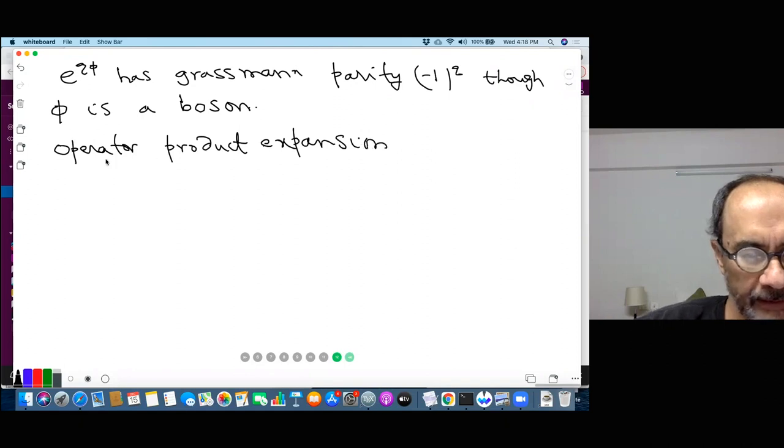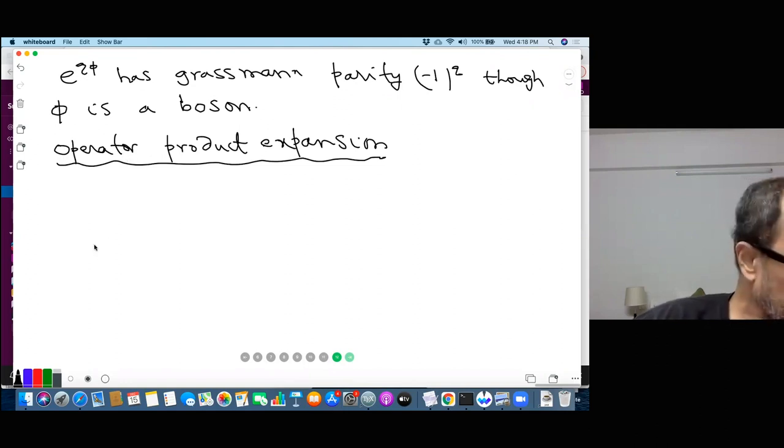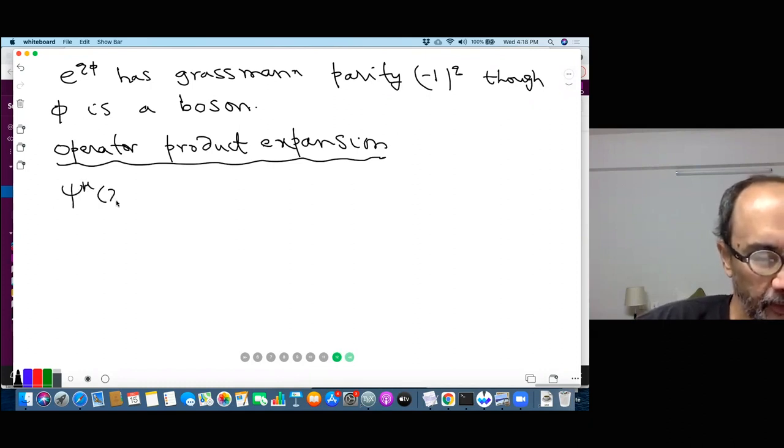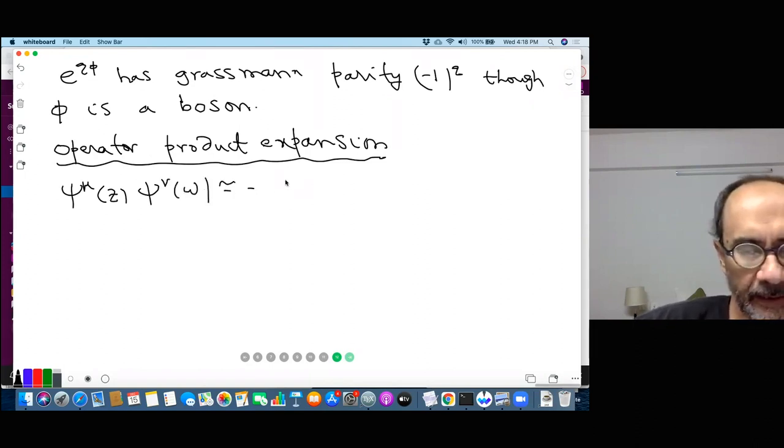Now let me write down the operator product expansion of various fields. I'll write down the ones that are new; the old ones, which were there for bosonic string theory, are still valid. So psi mu of z, psi nu of w, this is something new. This is minus eta mu nu over twice z minus w.